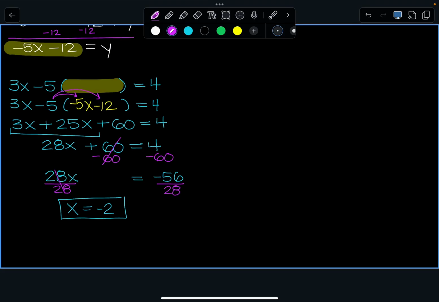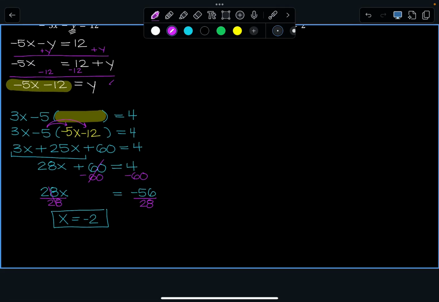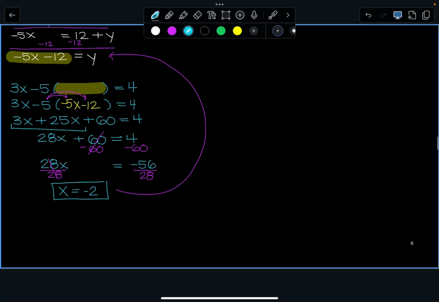Okay, now that we've got x, plug it back in to solve for y. And again, that negative 2 is going right in there.